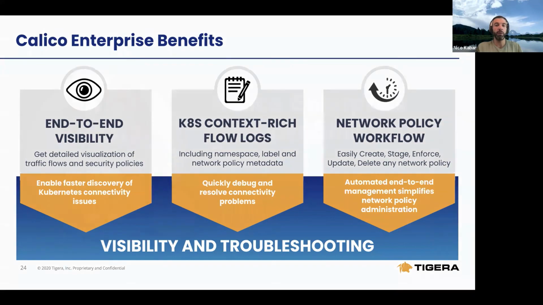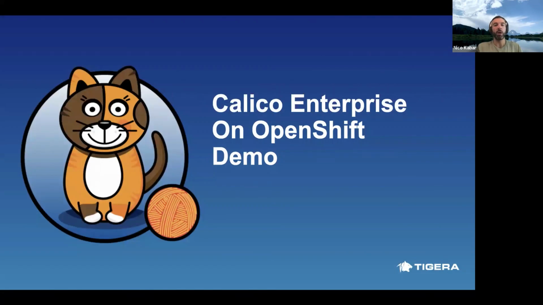So with that, let's do a quick demo of Calico Enterprise on OpenShift, and then we'll switch to some final notes and leave some time for questions.